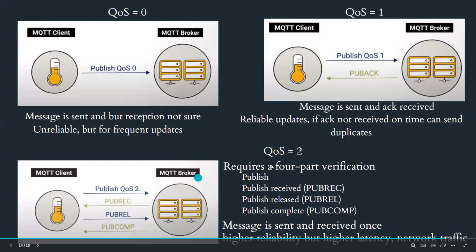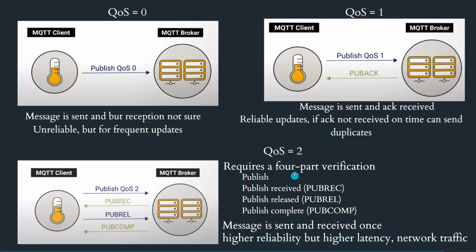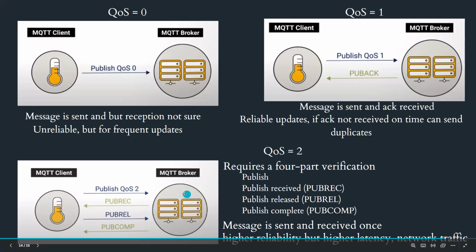So in this QoS level number 2, it is known that the MQTT broker will process the data packet only once, right? So that is the main difference between QoS level number 2 and QoS level number 1.